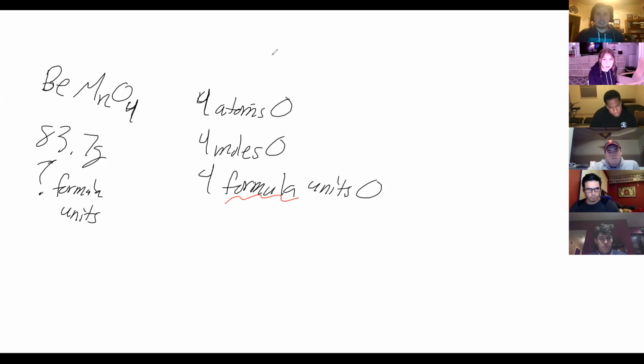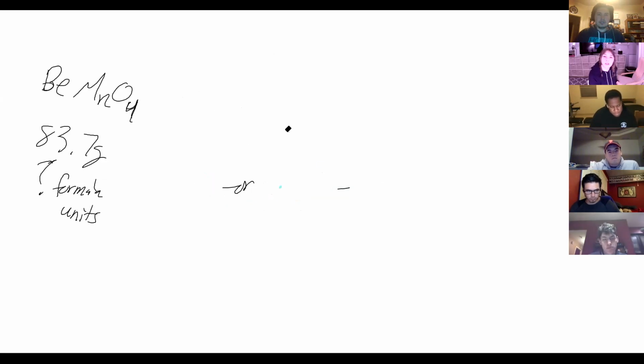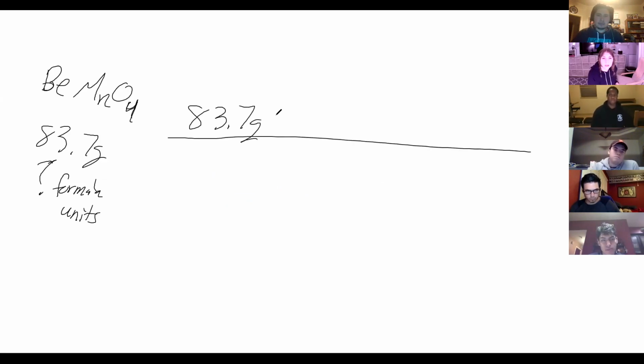So let me work this out here so you guys can see. We have 83.7 grams of beryllium manganate, not permanganate for some reason. How can I convert my grams to moles right now? 1 over 127.95.